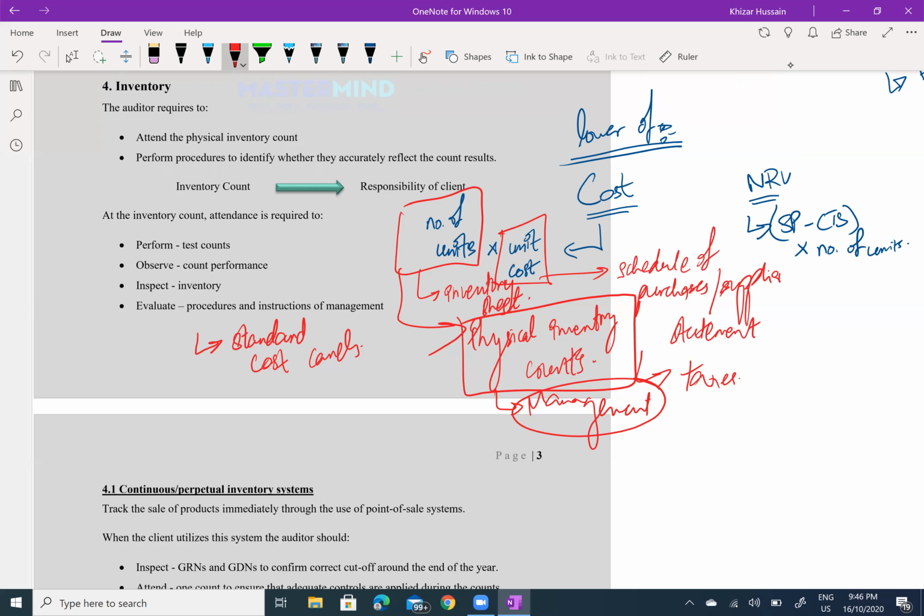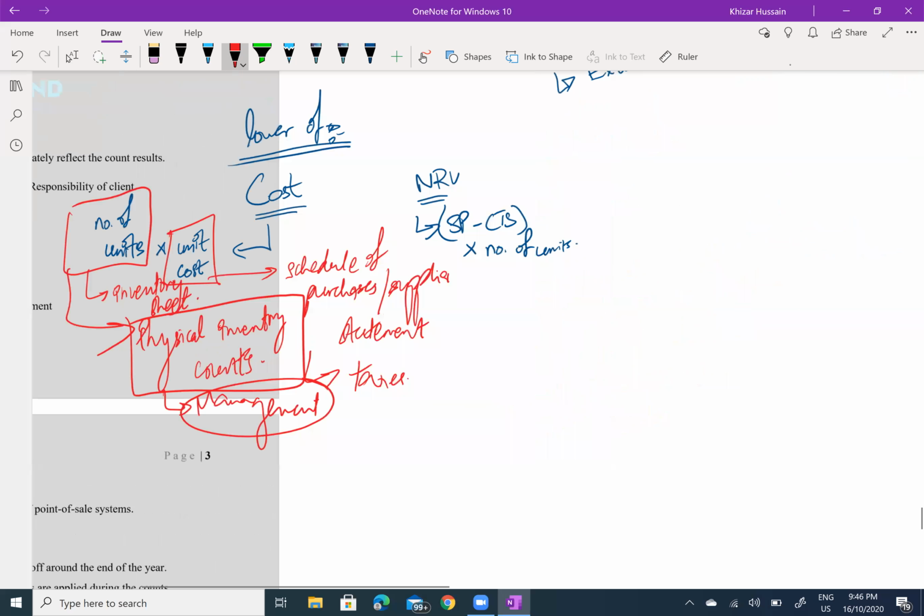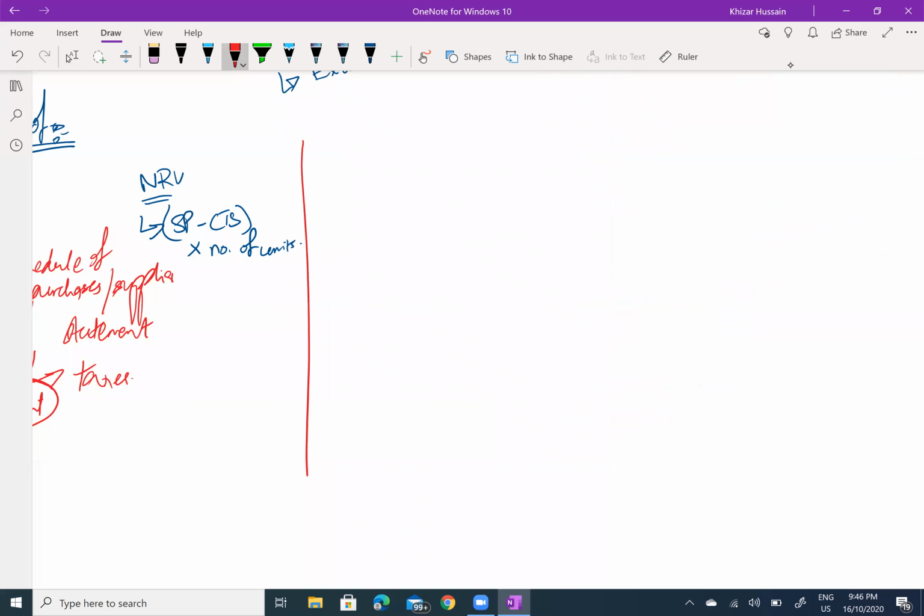Now, there's one more small thing that I would like to discuss since we're talking about inventory only. There are certain cases where your inventory is held at a third party warehouse. It's held by a third party, right? So how do you think you'll verify this type of inventory?